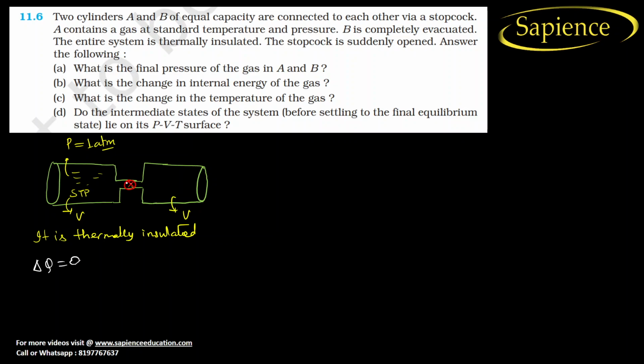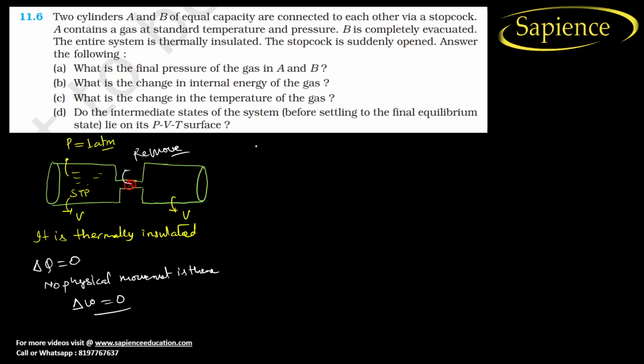Now if you open this stopcock, what will happen? No physical movement is there. No piston movement is there. So if there is no physical movement, it means that the work done will be equal to 0.